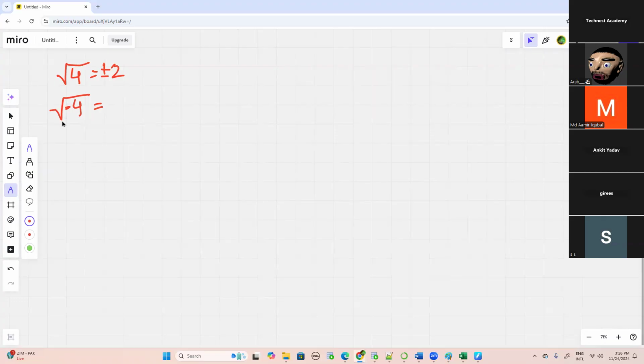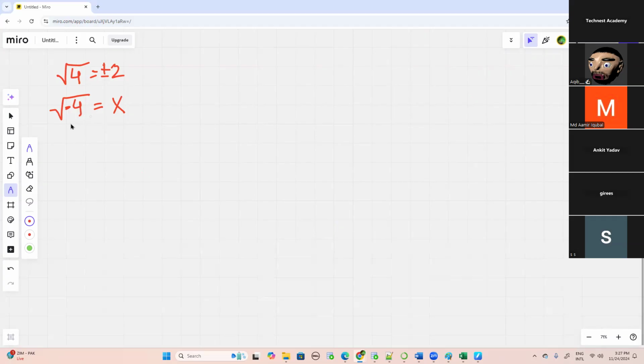No. Come on, guys. Any number which when multiplied by itself should give me -4? Anyone? No. So actually there is no number in this world which when multiplied by itself gives -4. Clear?